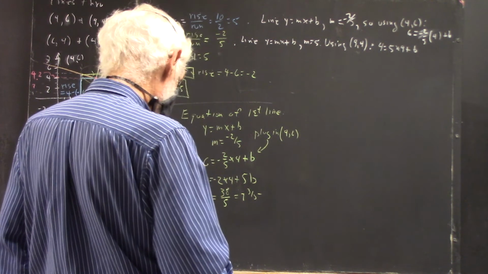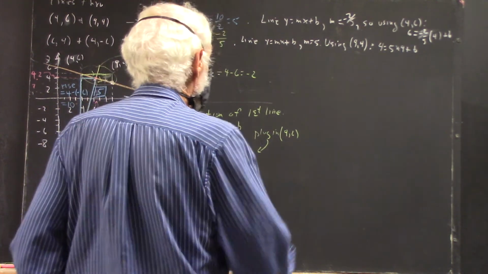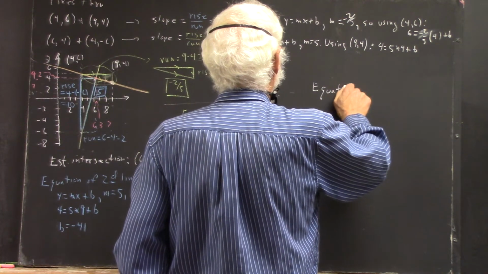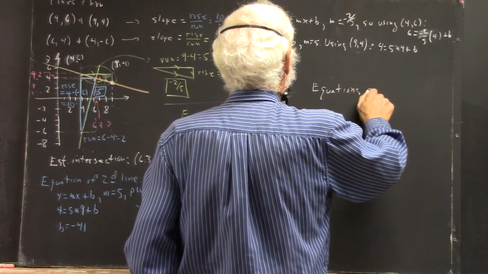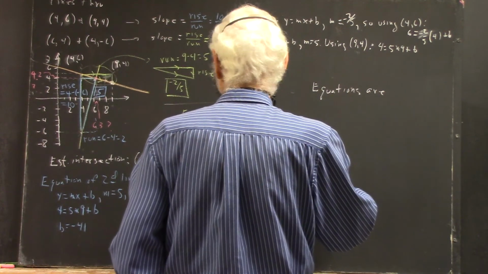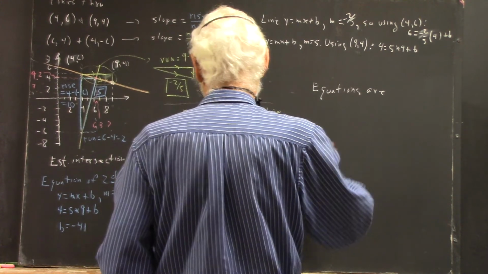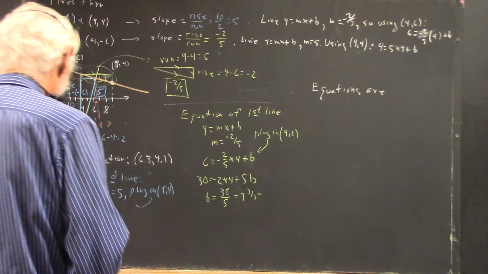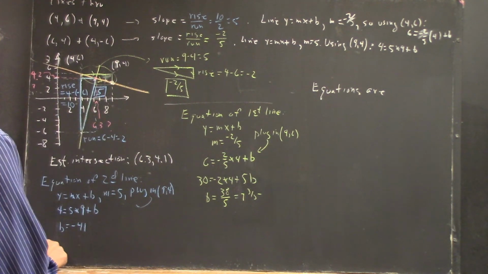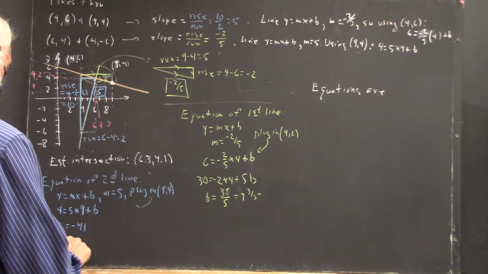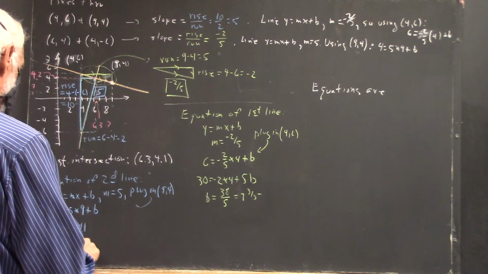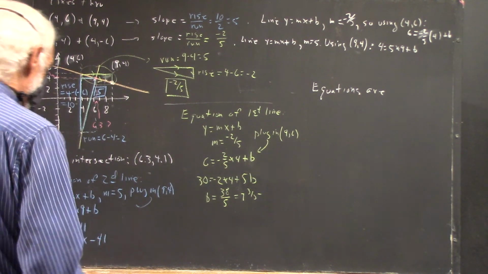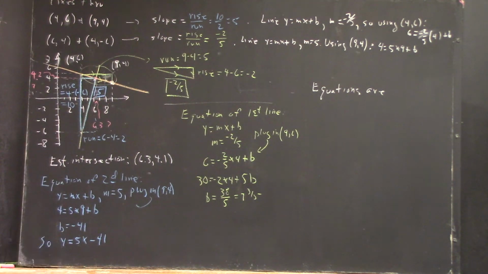So the equations are, well, m is 5, b is negative 41. y equals 5x minus 41.